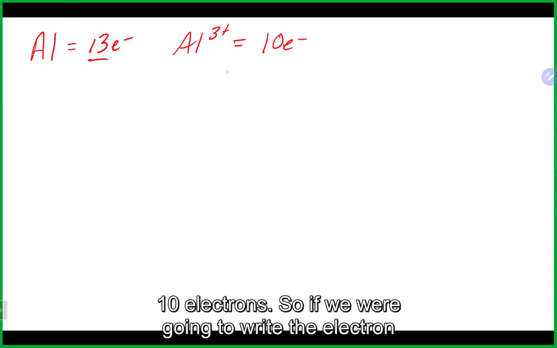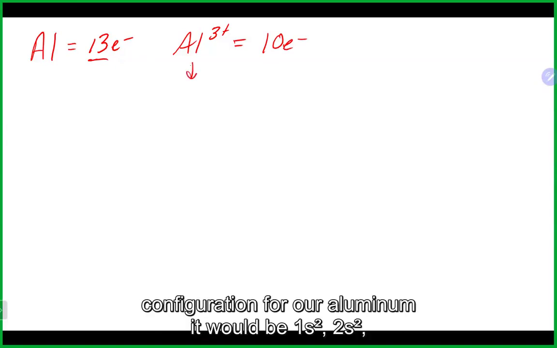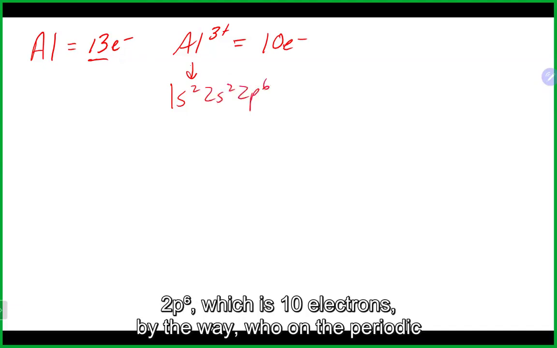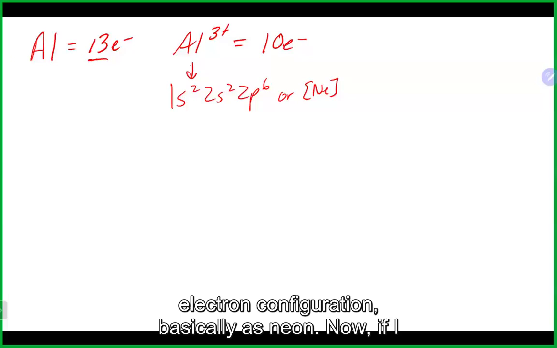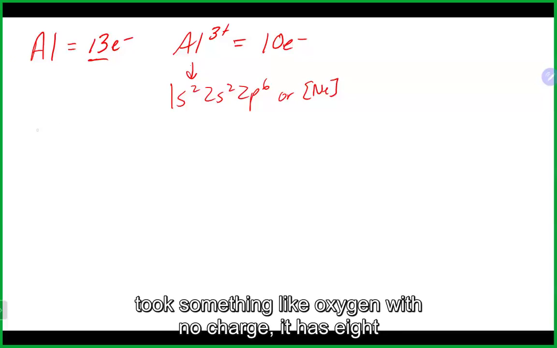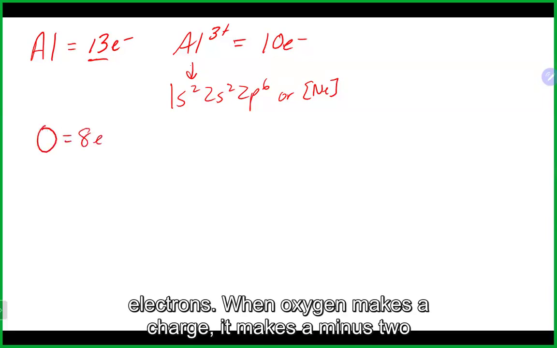So if we were going to write the electron configuration for our aluminum, it would be 1s2, 2s2, 2p6, which is 10 electrons. By the way, who on the periodic table is 10? That is neon, right? It's the same electron configuration as neon. Now, if I took something like oxygen, with no charge, it has 8 electrons.